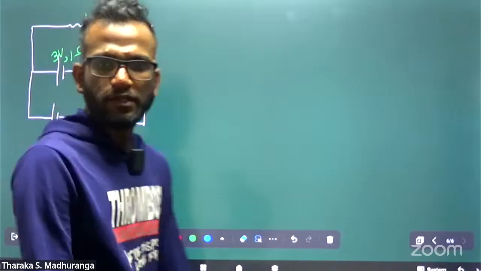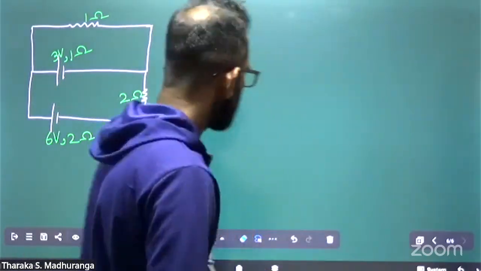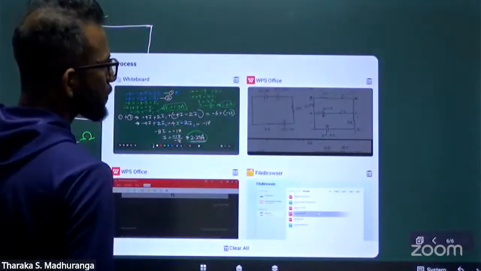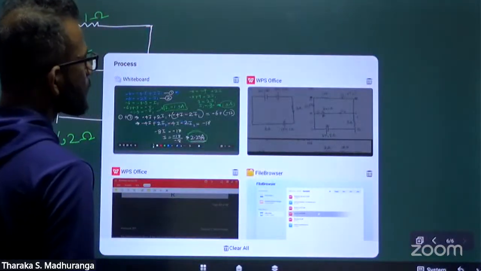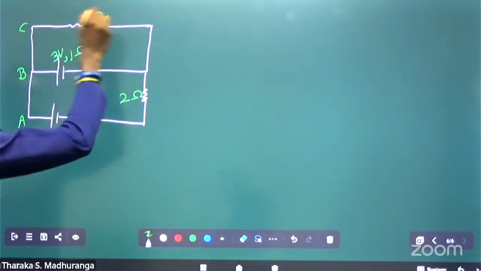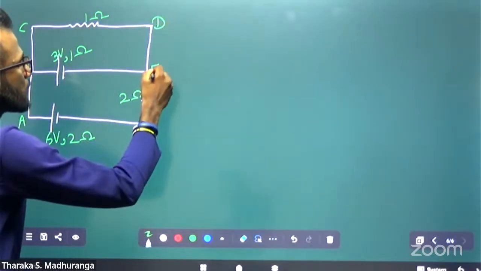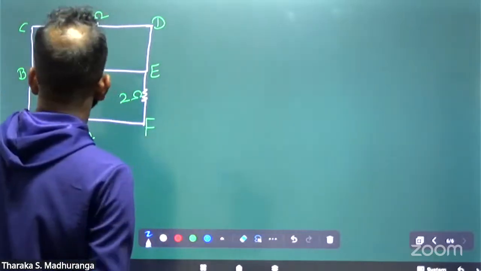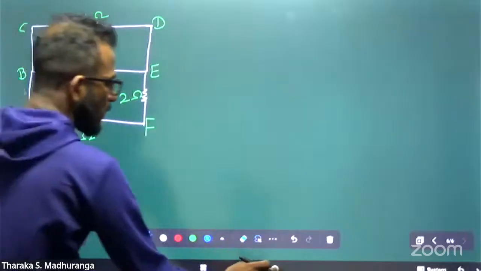Okay, simple circuit. After that you need to mention the labeling: A, B, C, D, E, F. Those are the labels. Okay, next you need to mark.